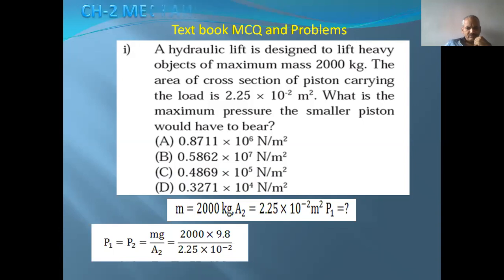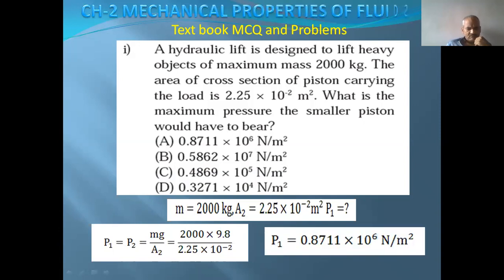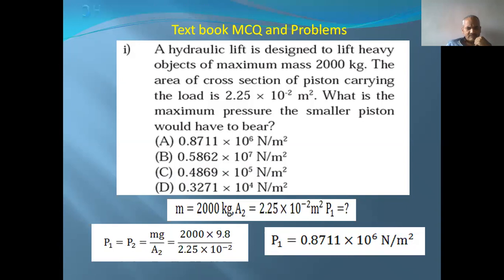M is given as 2000, the value of g, acceleration due to gravity, is 9.8, and the area of cross section is also given, 2.25 into 10 raised to minus 2. If we solve this, you get the answer as 0.8711 into 10 raised to 6 Newton per meter square.